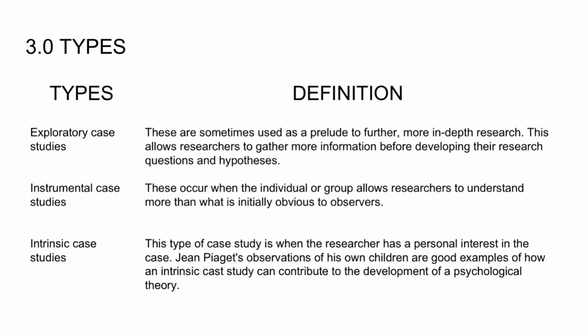Number 4 is exploratory case studies. These are sometimes used as a prelude to further, more in-depth research. Number 5 is instrumental case studies. This is when the individual or group allows the researchers to understand more than what is initially obvious to observers.